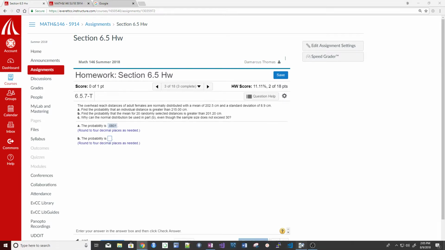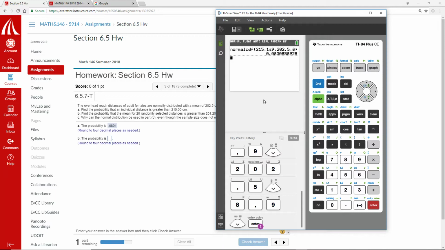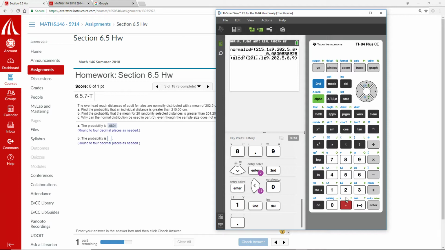Let's pull up our calculator here, and I'm going to do a second entry. I'm going to put in my lower bound, instead of 215, I'm going to put in 201.2, comma, 1E99.